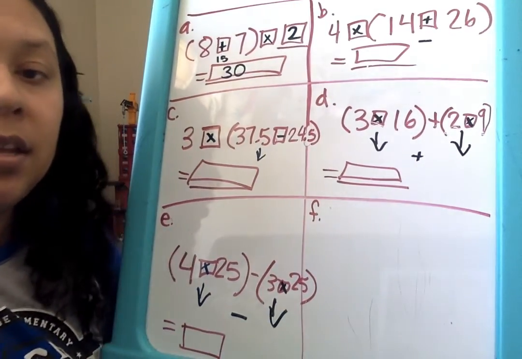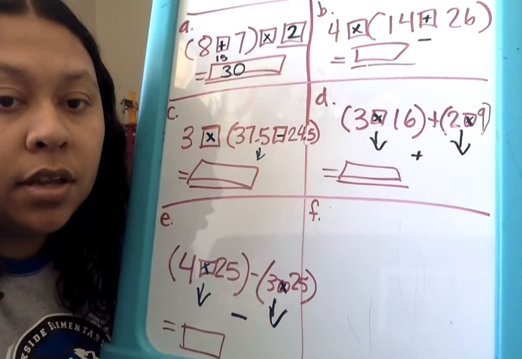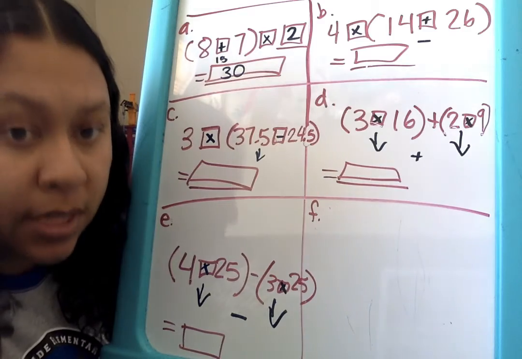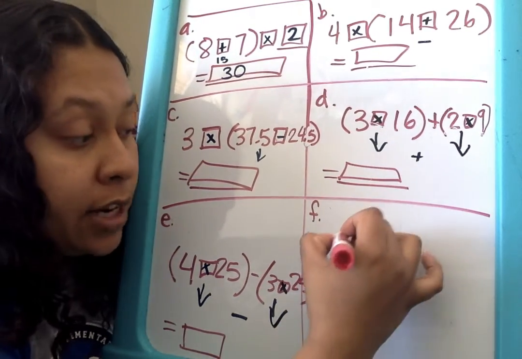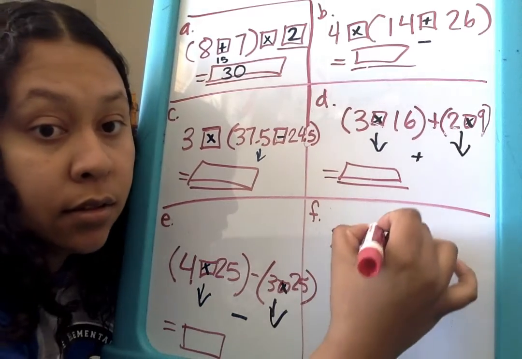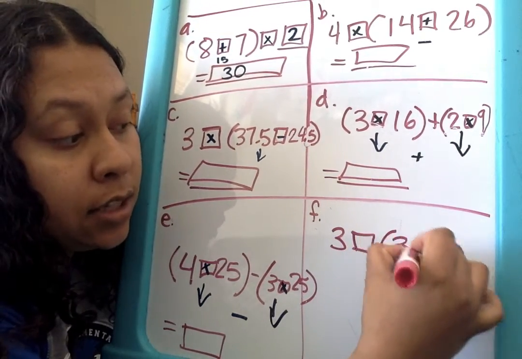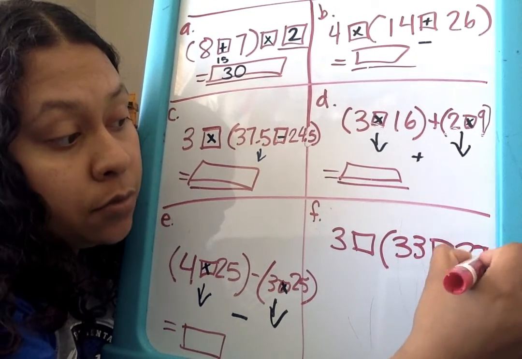Okay? So now last one. We have F. Triple the sum of 33 and 27. So triple means 3 of them. So we need 3 blank the sum of 33 and 27.